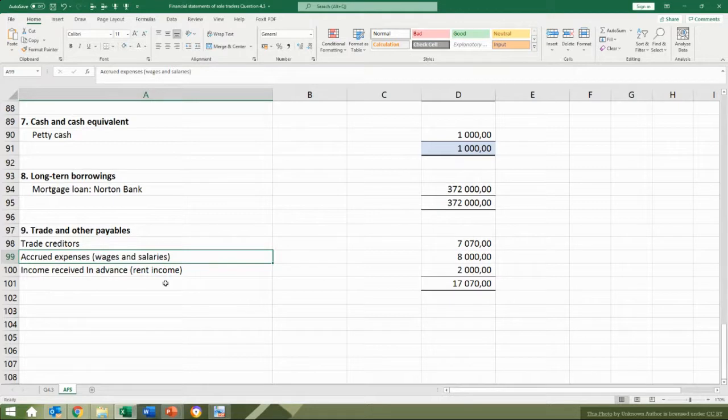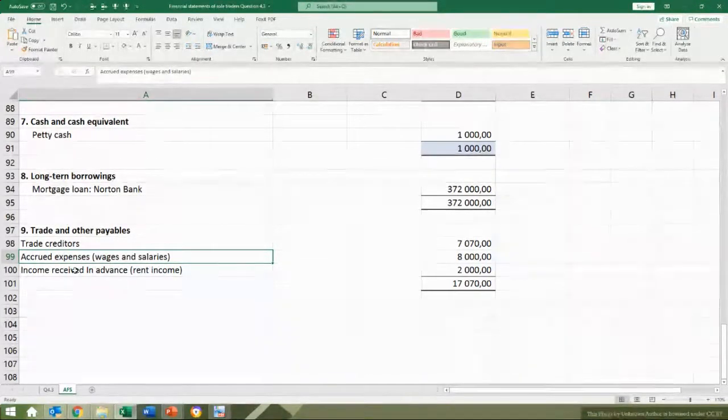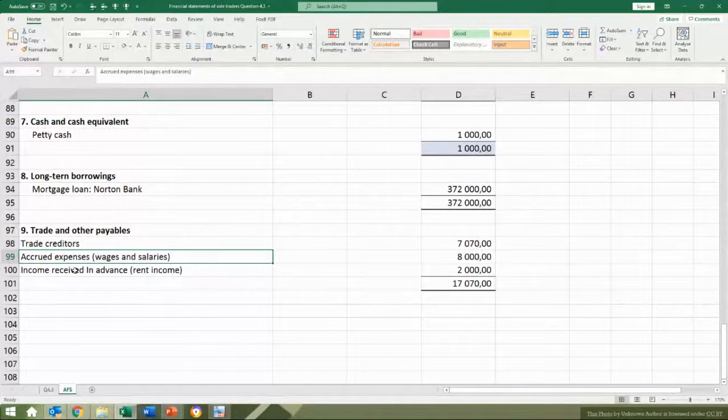The reason I put wages and salaries in brackets is just to show which adjusting entry that related to. And then the income received in advance for rent income. Our tenant has already given us the money for the rent for the following month. He has not physically stayed in that property as yet for that month.